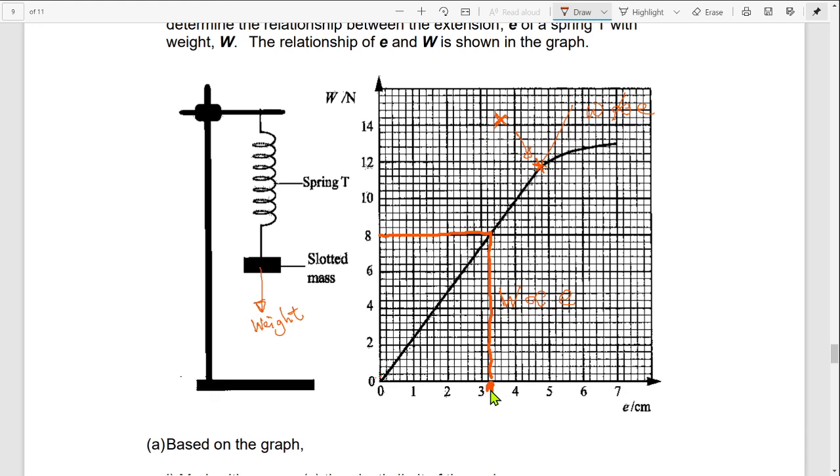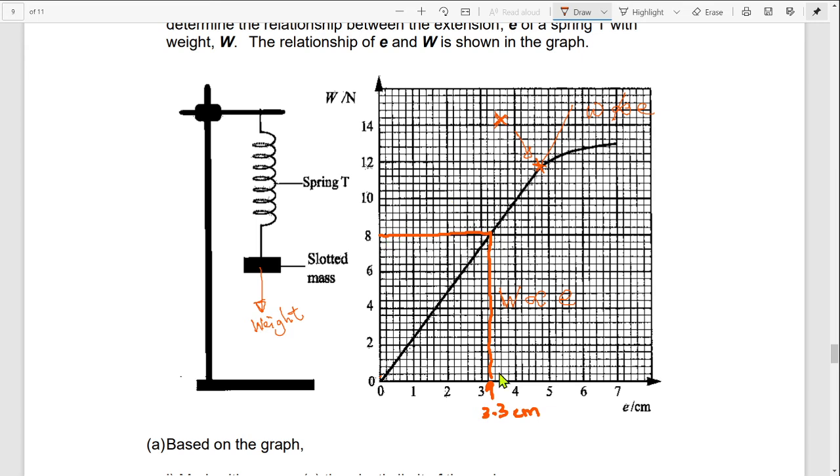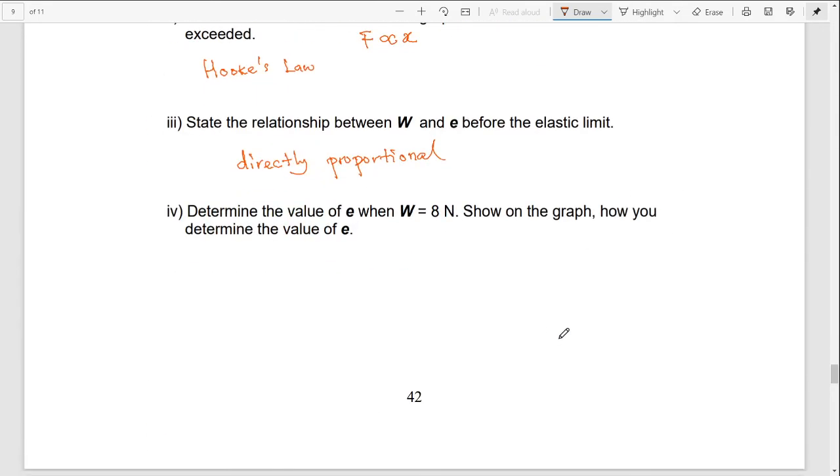Here we read it as 3.3, correct? So 3.3 centimeter. But you have to show this on the graph because the question asks you to do so. How do you get 3.3? You have to draw this line, and then down here that will be 3.3 centimeter.